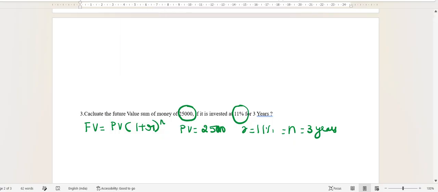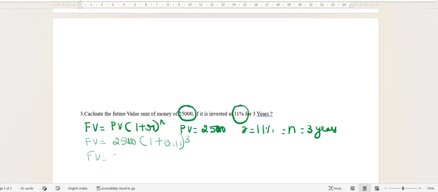Now I will substitute in the formula. My future value is equal to my present value, 25,000, into 1 plus the rate of interest, 0.11, right? 0.11, to the power of 3.